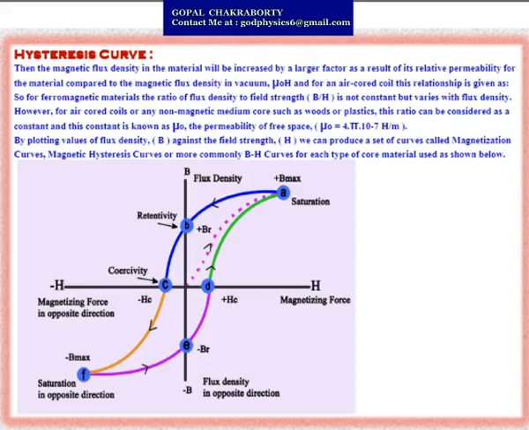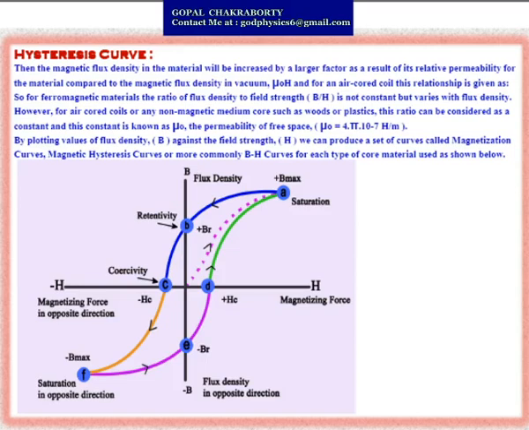For ferromagnetic materials the ratio of flux density to field strength, that means B by H, is not constant but varies with flux density. However, for an air core coil or any non-magnetic medium core such as wood or plastic, this ratio can be considered constant, and this constant is known as mu naught, the permeability of free space.